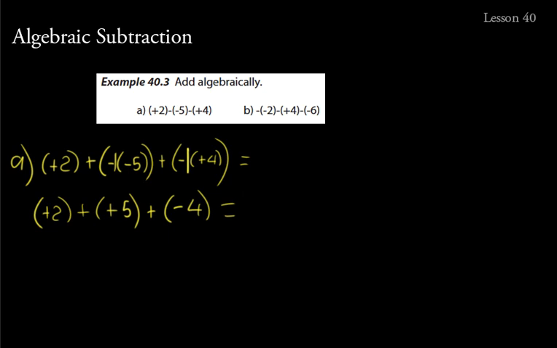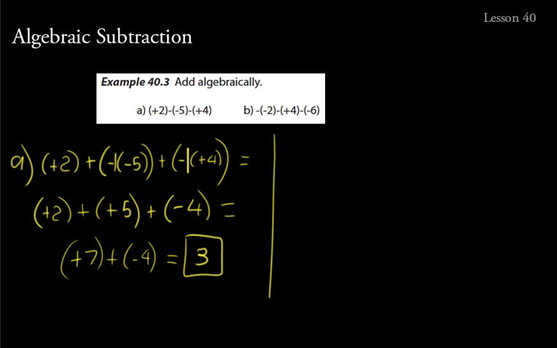Plus 2 plus a 5 is plus 7. Plus a negative 4 is positive 3, or just 3. Okay. On our answer, we're not going to do the grouping and the sign and all that. We'll just have if it's positive, we just leave the number there. If it's negative, we put a minus out front.